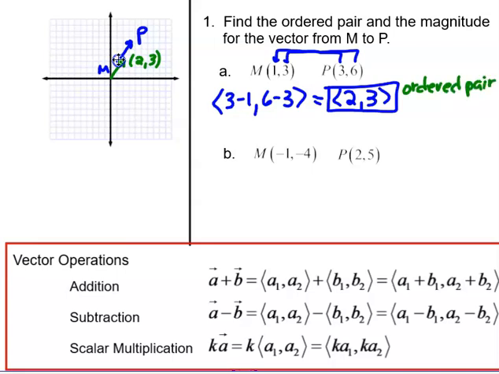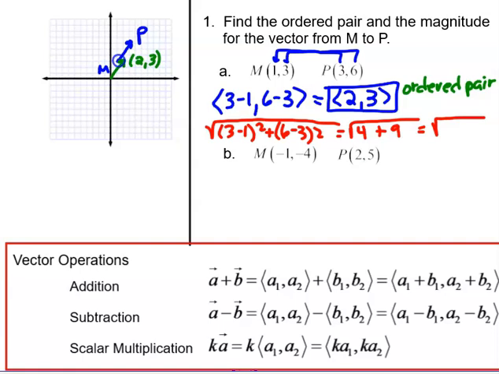And if we do magnitude, we're doing the Pythagorean theorem. So again, I subtract the x's, I subtract the y's. 3 minus 1 is 2 squared, which is 4. 6 minus 3 is 3 squared, which is 9.